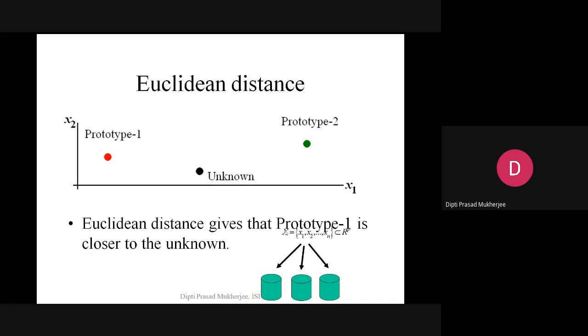Okay. The most popular distance calculation is, obviously, we all know from our school days, the Euclidean distance. And the example on the screen actually shows you how the unknown is labeled. Can you see this graph, x1 and x2?